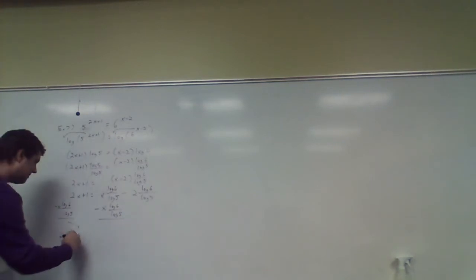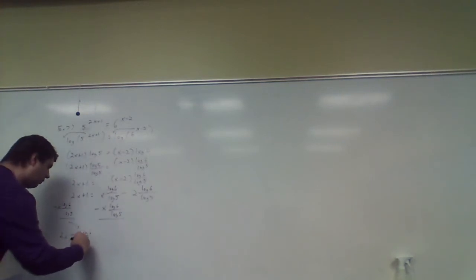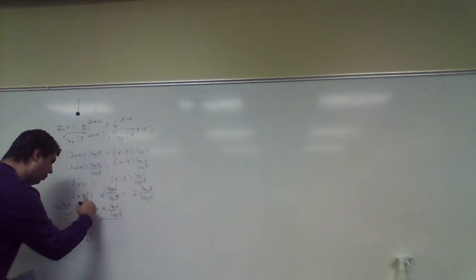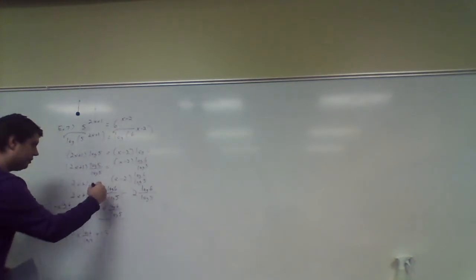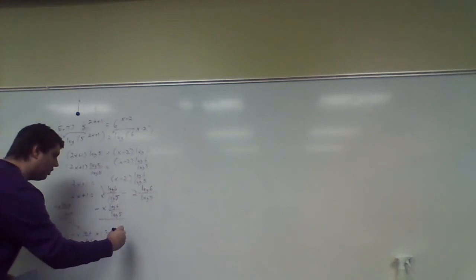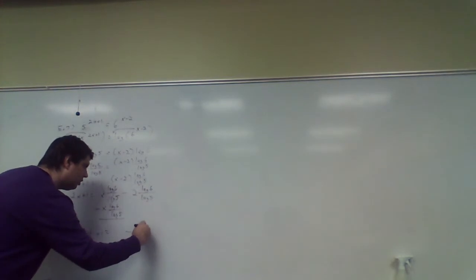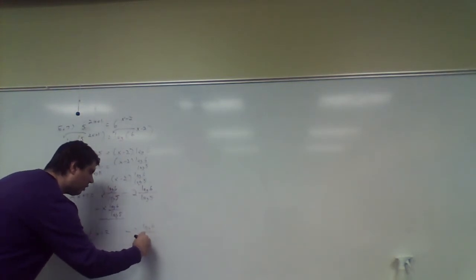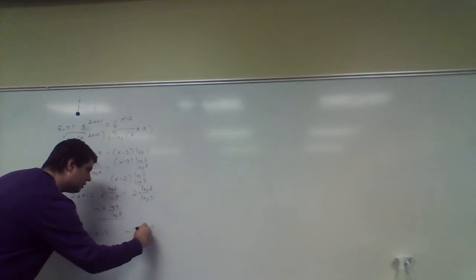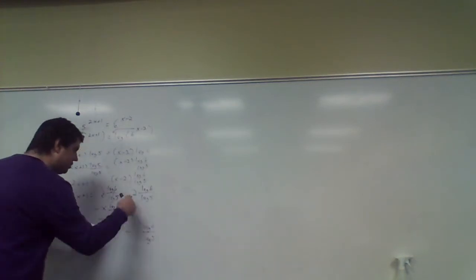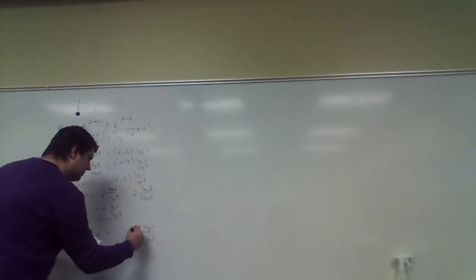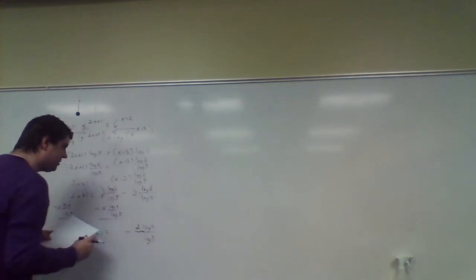And then you'll have minus x log 6 over log 5, plus 1, equals, this canceled, and you end up with negative 2 log 6 over log 5. I had gone ahead and made this into negative 2 times this, so I put the 2 on top.